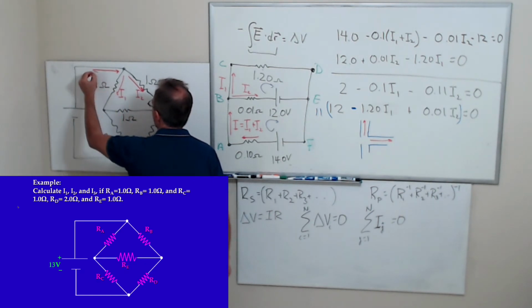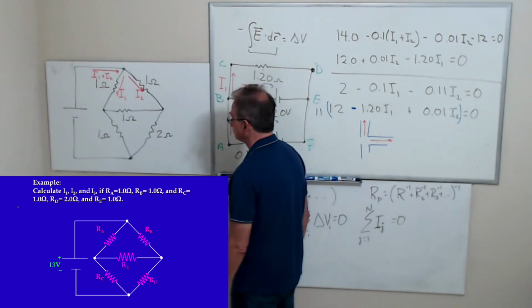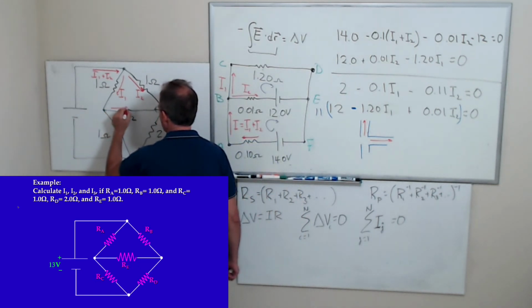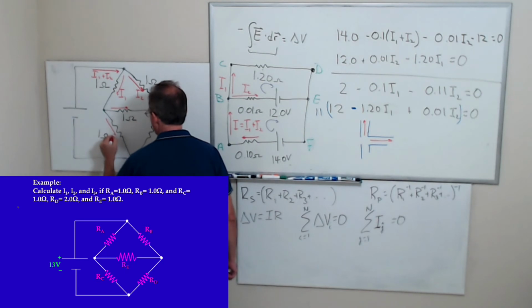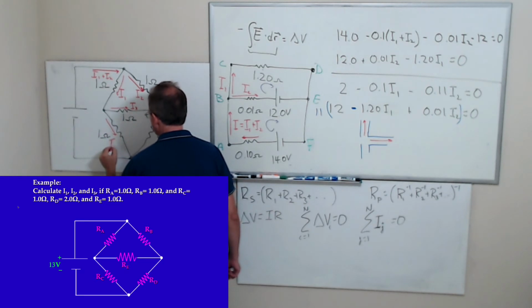Well, then this must be I1 plus I2. So far, I only have 2 independent currents. But what happens when we get here? Well, some current goes this way, and some current goes that way. So it splits. We'll call it I3, and this we'll call I1 minus I3.